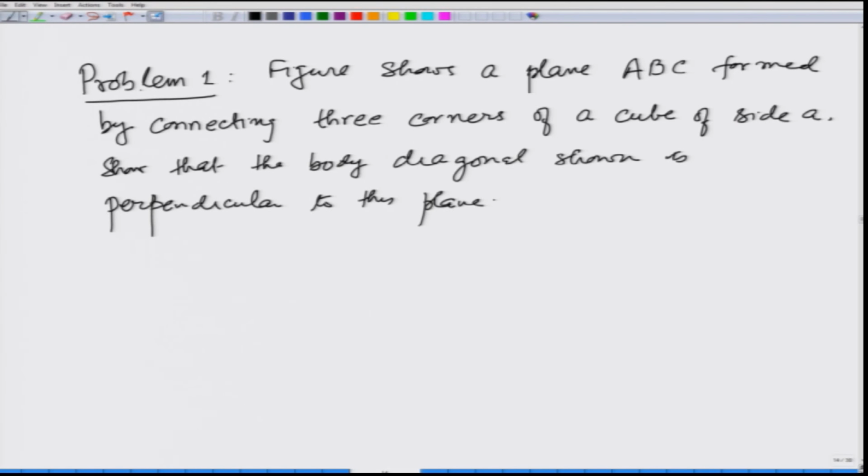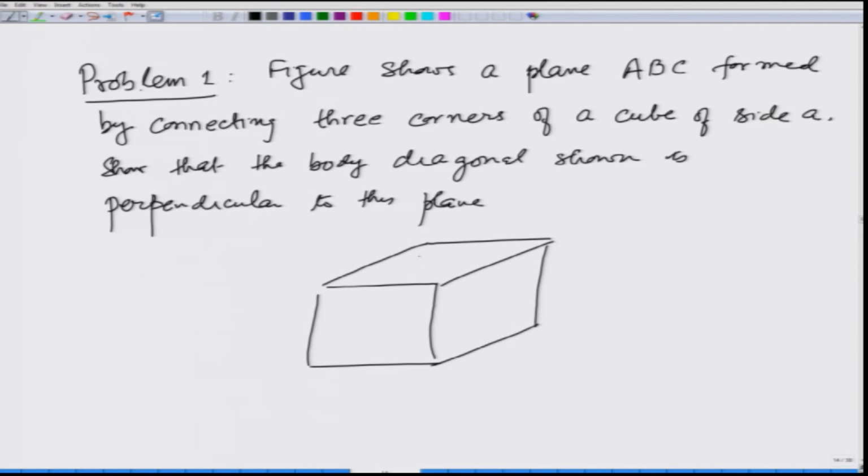The figure we are talking about is this cube of side a, and the 3 points A, B, C are these, and the plane formed is this triangle ABC. The body diagonal that we are talking about goes from this point to this point.